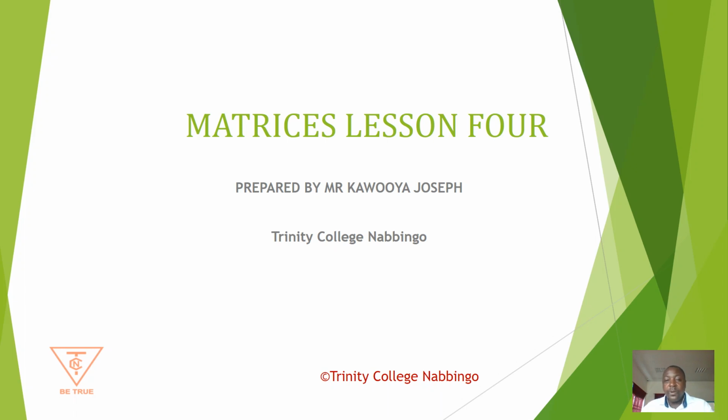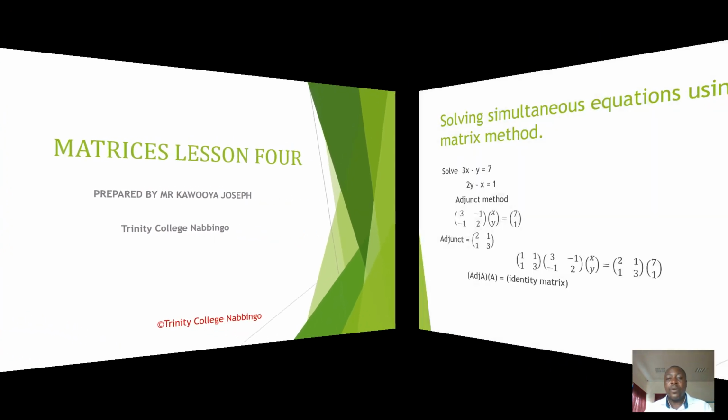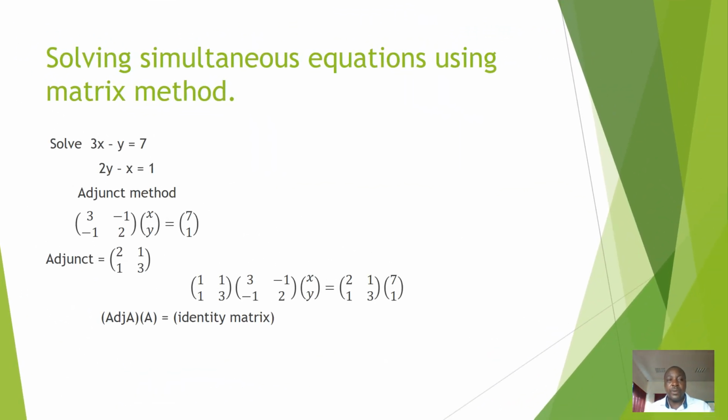So today we are going to look at the use of matrix in solving simultaneous equations. What are simultaneous equations? These are equations having more than one unknown. But for our case, we shall look at simultaneous equations involving only two unknowns.